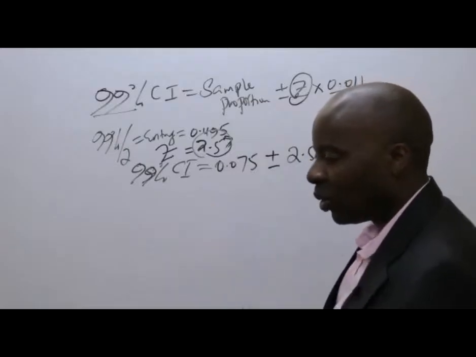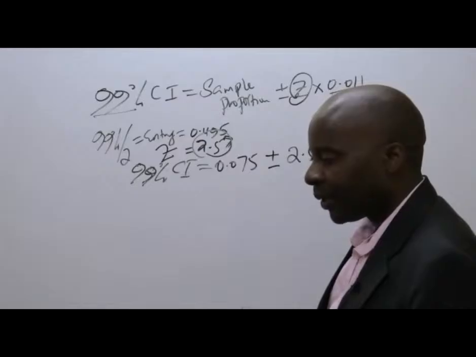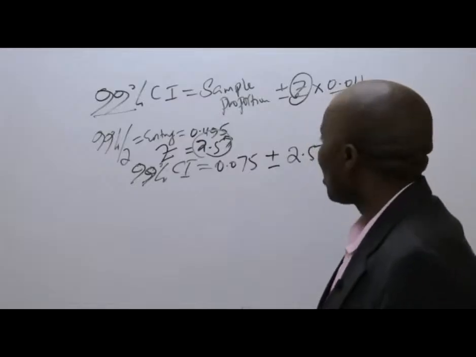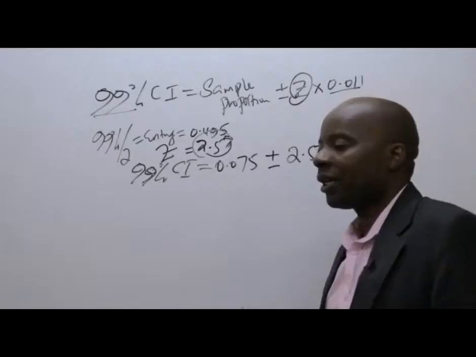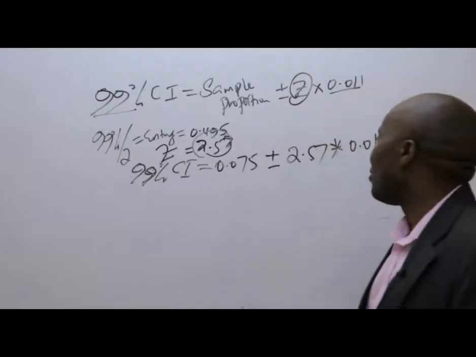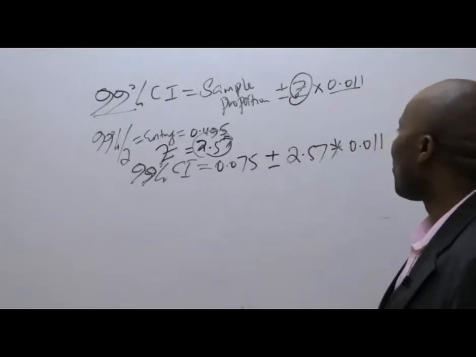Remember, to get the lower limit, what you'll do is to subtract. You'll take 0.075 minus 2.57 times 0.011.